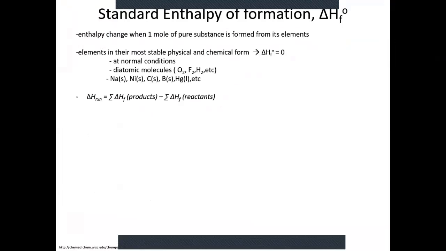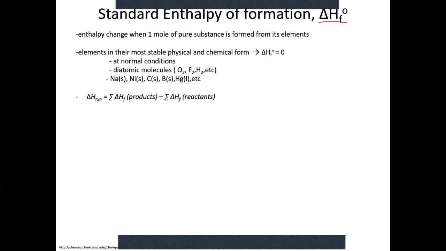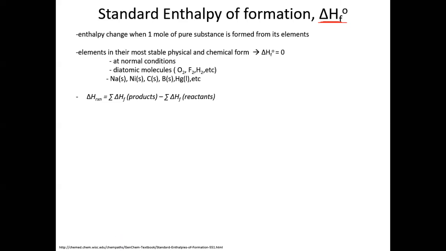But today we're going to look at what's called the heats of formations to calculate delta H. And so the heat of formation is the enthalpy change when 1 mole of pure substance is formed from its elements. So what does that mean?